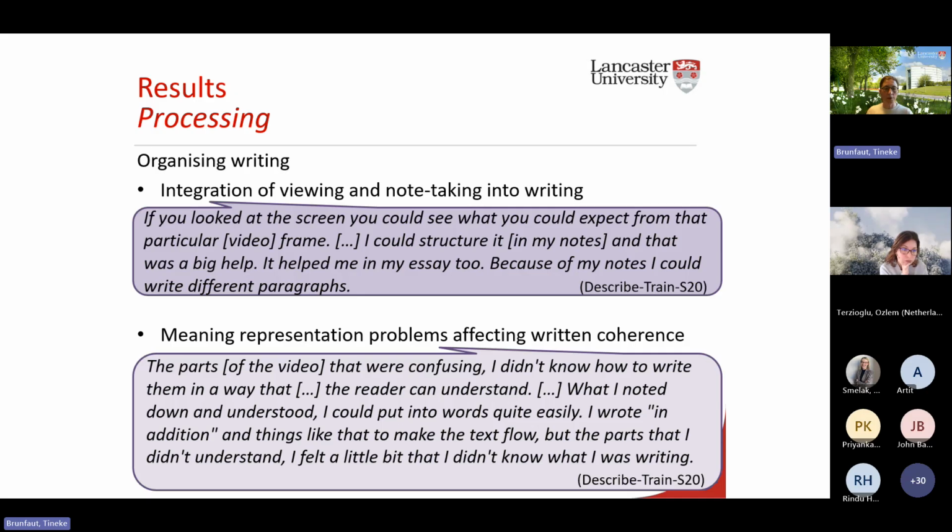I didn't know how to write them in a way that the reader can understand. What I noted down and understood from the video, I could put into words quite easily. I wrote in addition and things like that to make the text flow. But the parts of the video that I didn't understand, I felt a little bit that I didn't know what I was writing.